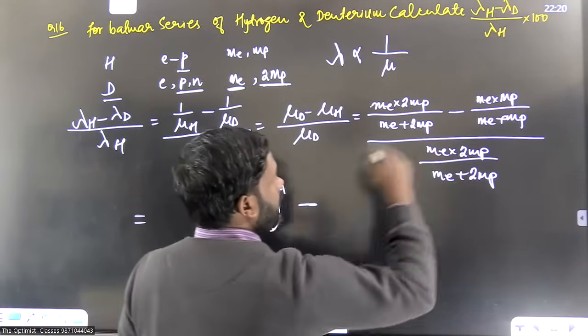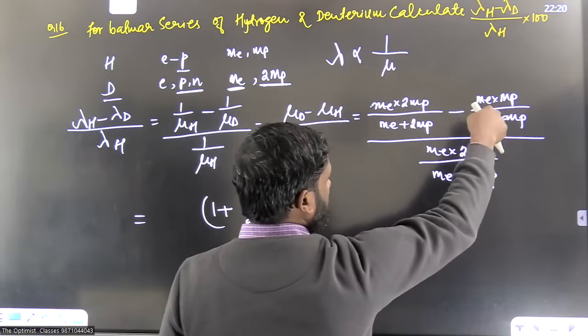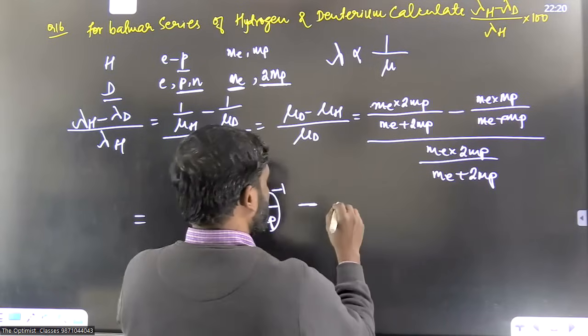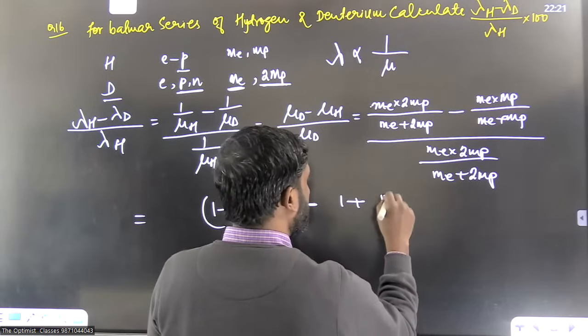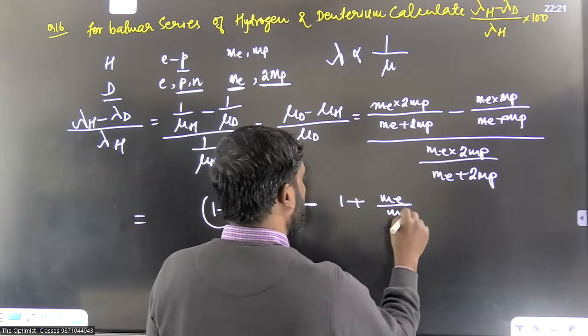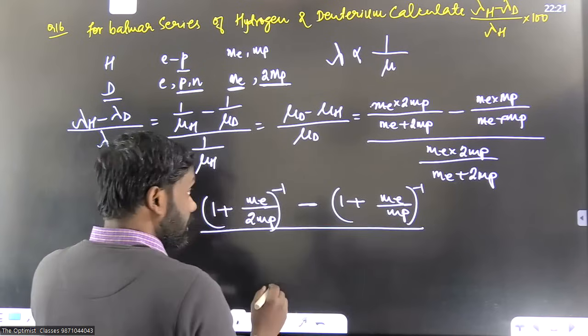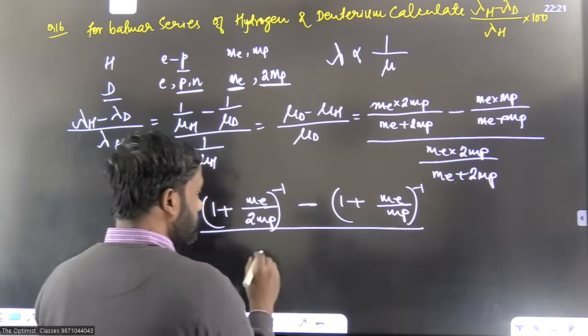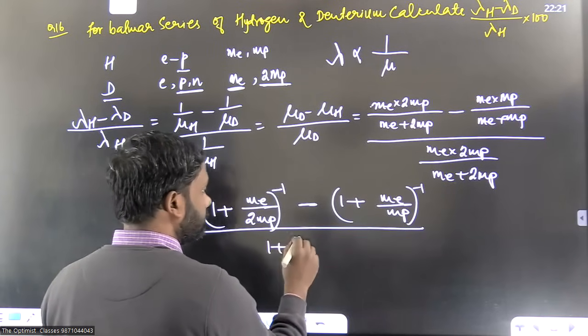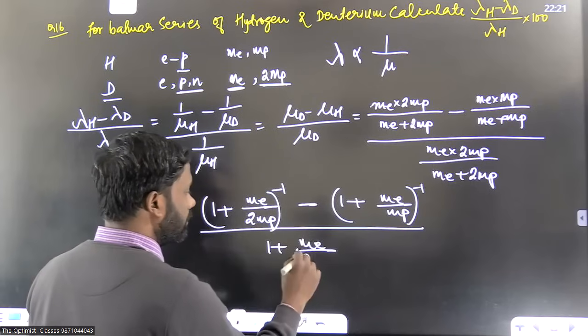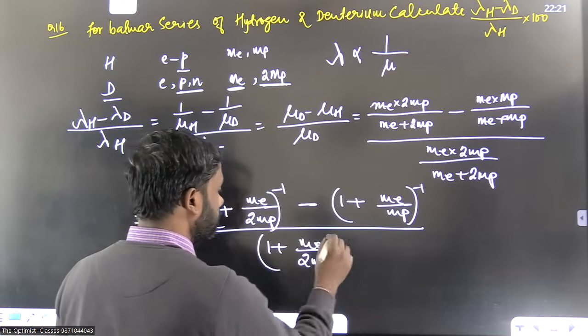When you take mp common, mp will cancel out, so here you will get 1 plus me by mp and whole power minus 1, and divided by here again take 2 mp common, so you will get 1 plus me upon 2 mp whole power minus 1.